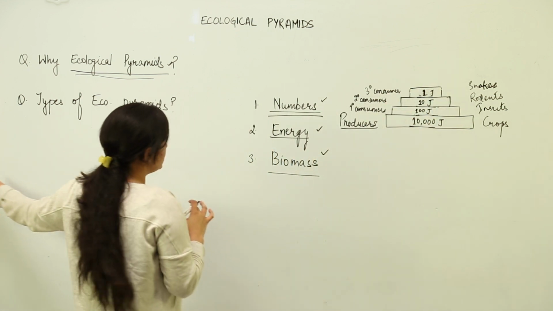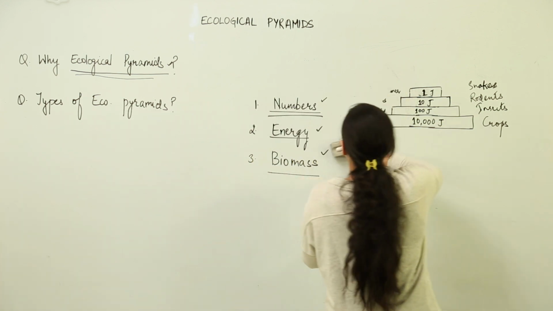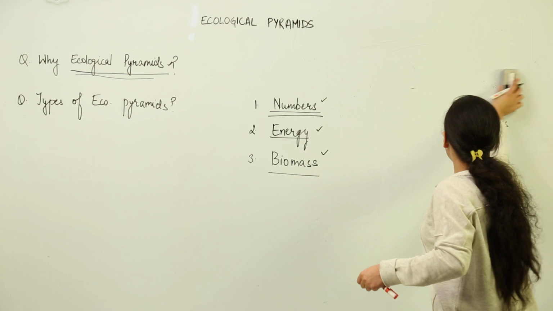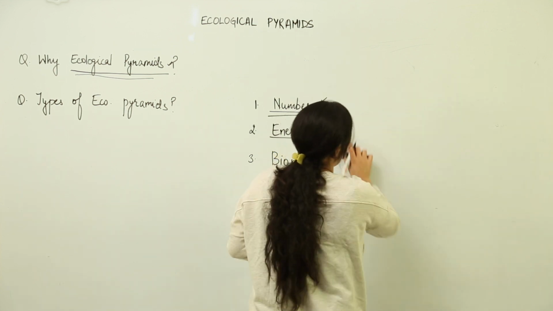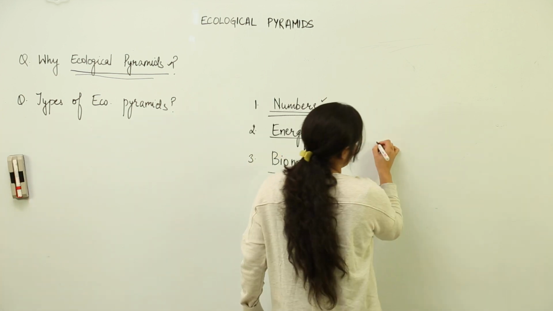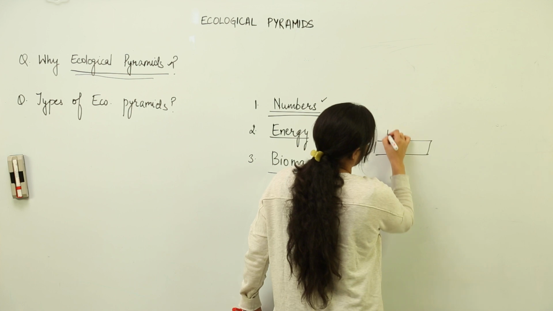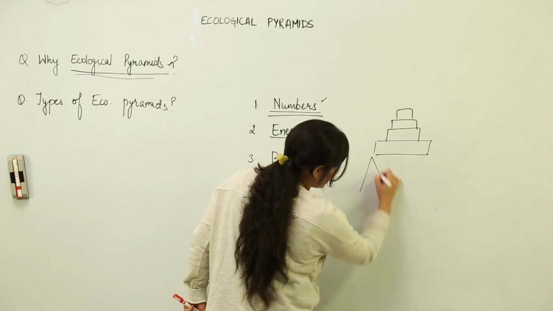Now what you need to learn and understand properly is that both the pyramids in case of numbers and in case of biomass cannot always be upright. You understand what is an upright pyramid? Like supposedly I am having the base part being the broadest, and how a pyramid looks like actually.